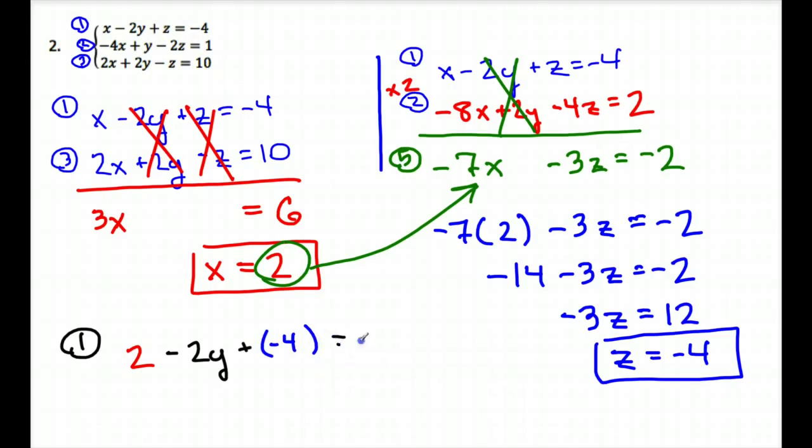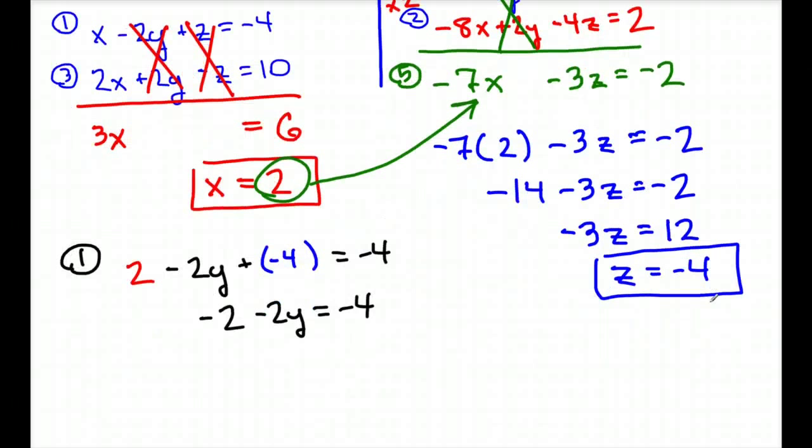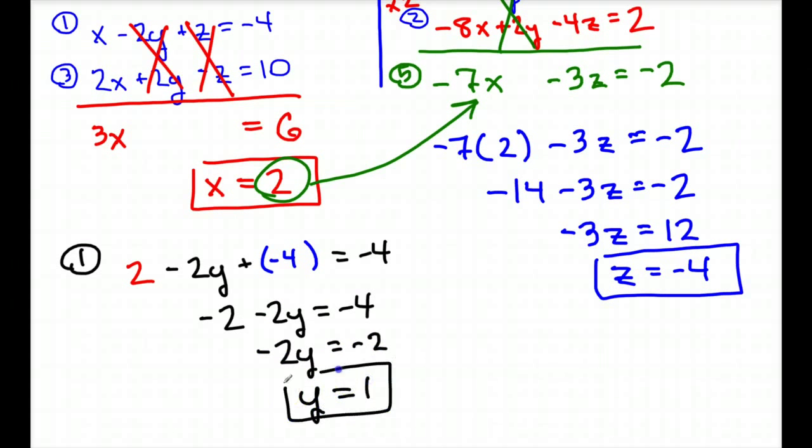And now we have equals negative 4. So I have a 2 minus 4, that's going to give me negative 2 minus 2y equals negative 4. And then if I add 2 to both sides, I get negative 2y equals negative 2. Y comes out to be positive 1. So my ordered triple for this problem is going to be 2, 1, negative 4.